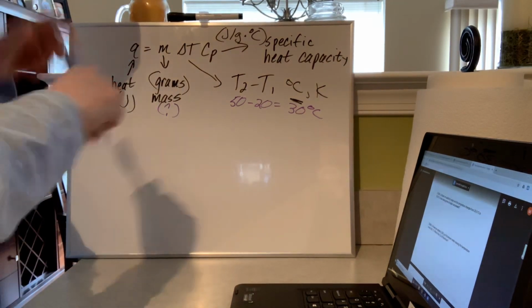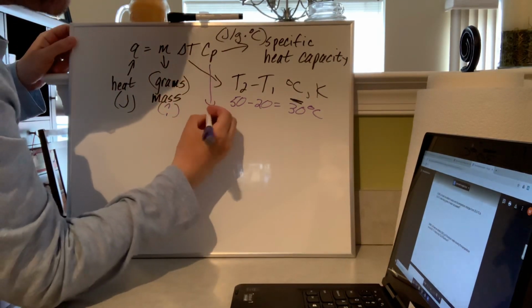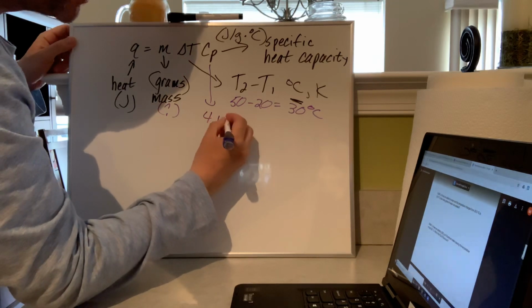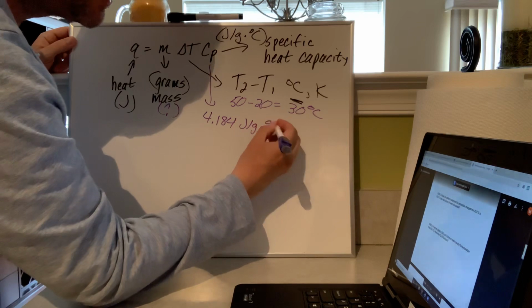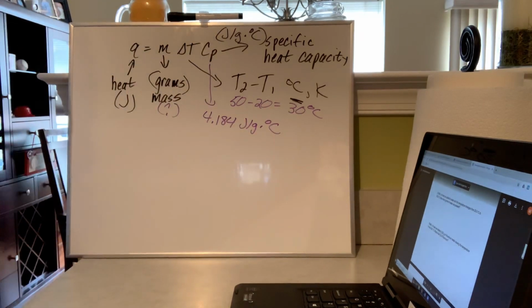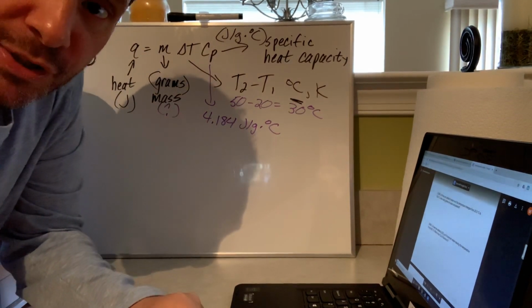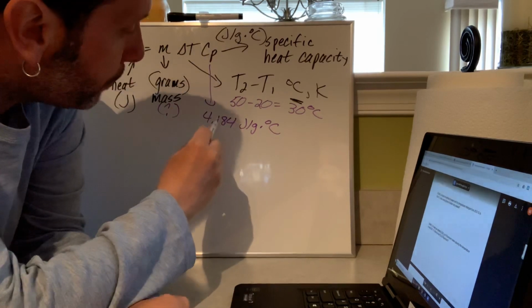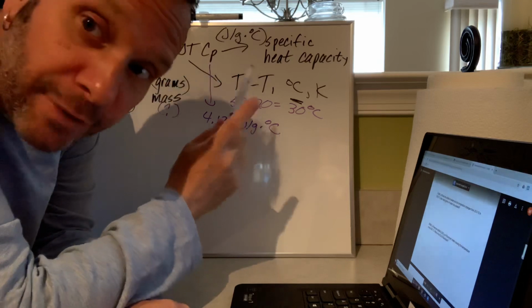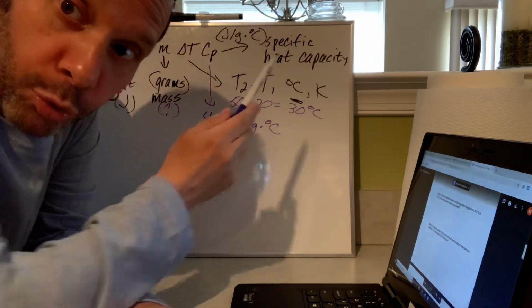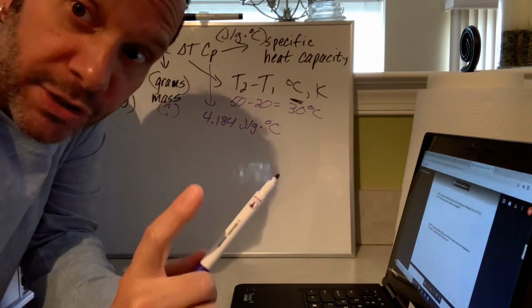The CP value of water, I probably won't give that to you much, because it's always the same value. It's 4.184 joules per gram degrees Celsius. What that means is you have to put 4.184 joules of heat energy into every gram of water in order to get the temperature to go up by 1 degree Celsius.